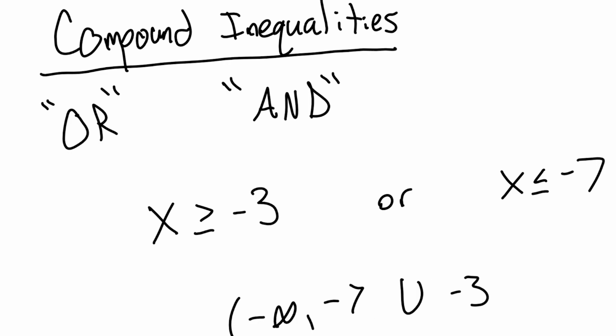Actually, both of these should be included, because we have that equal sign. So there's kind of a gap in the middle, and the only numbers that are excluded are the numbers between -7 and -3.